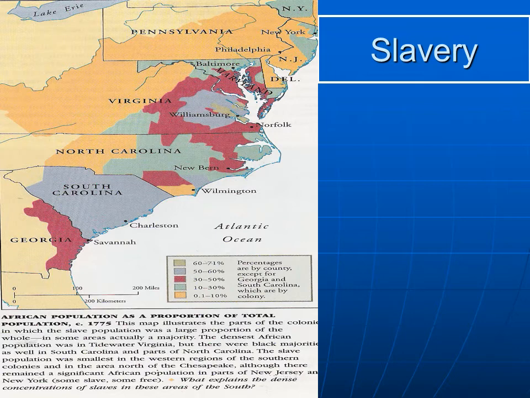Newport, Rhode Island is the second largest, and nobody really thinks of Rhode Island as being a major slave port, but slavery was practiced throughout the colonies. This map just shows the African population proportion from New York down to Georgia. Something to think about is, what impact would that have on the culture and society of the South because of this large population?